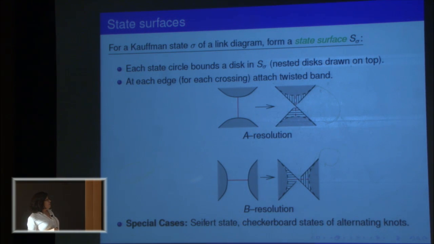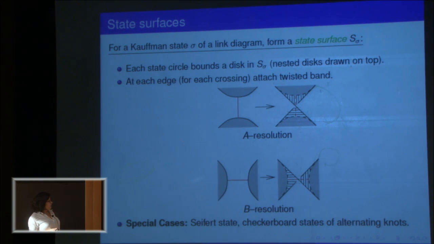And so if I start with a knot with n crossings, I've got 2 to the n ways to get rid of my crossings, combining this. And for each of those I can build a surface, all right?